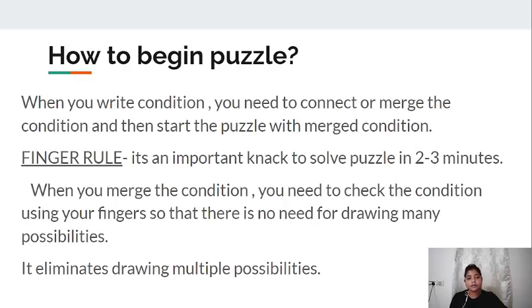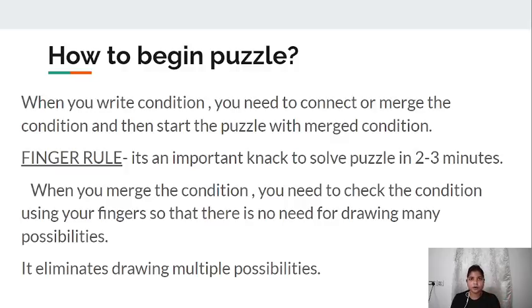And before that, the finger rule is a trick. I will not say trick, it's a method. It is a very important method, because writing conditions and writing each and every possibility will consume your time, and in prelims, time management is very important. So the finger rule is a very important knack you need to learn. It will not come within 10 or 20 days.